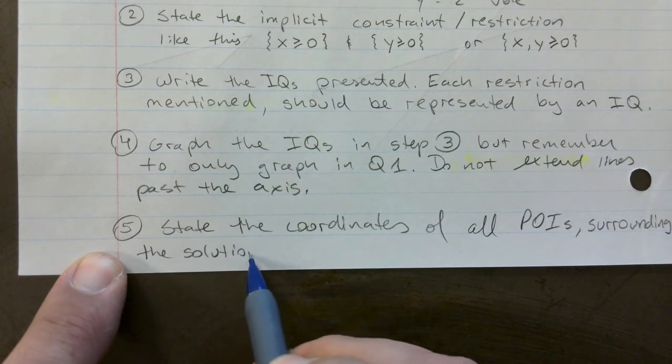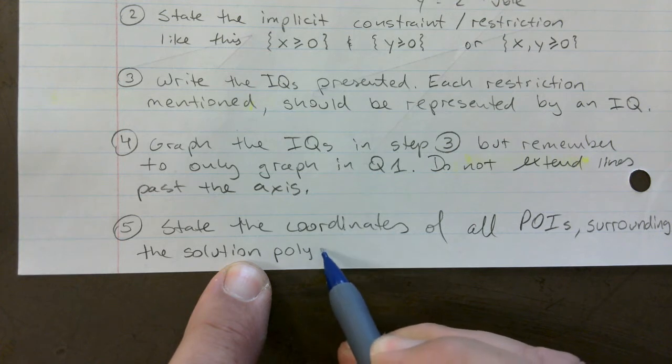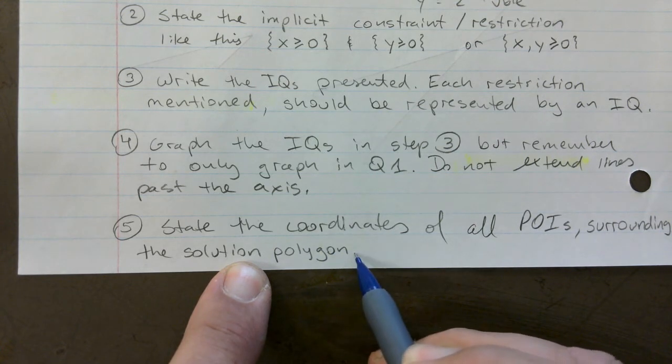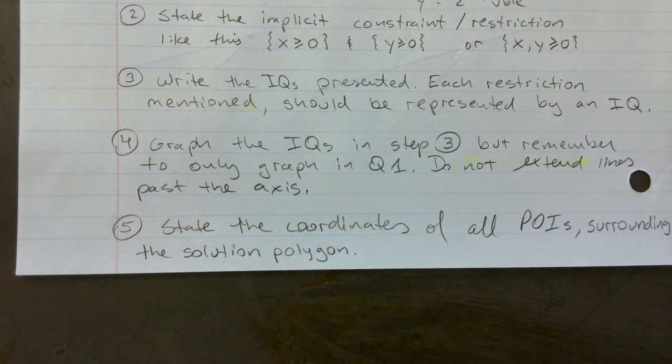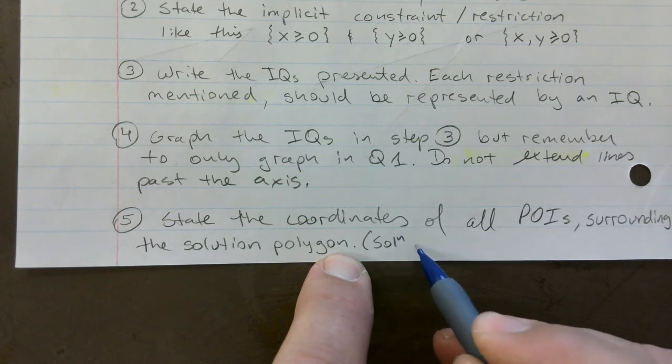This is going to be a new word here, solution polygon. What? A polygon is just a many-sided shape. So, right, sometimes it's a triangle, sometimes it's going to be a trapezoid looking thing, sometimes it's like a sliver. That's why I use polygon as solution region. It's the same thing, right? Solution region.